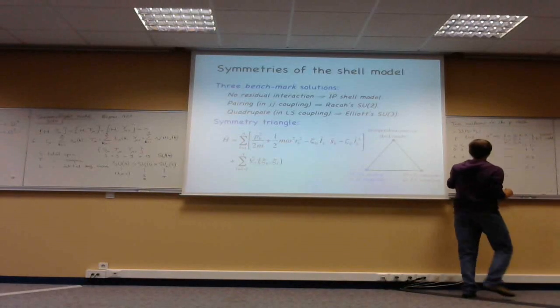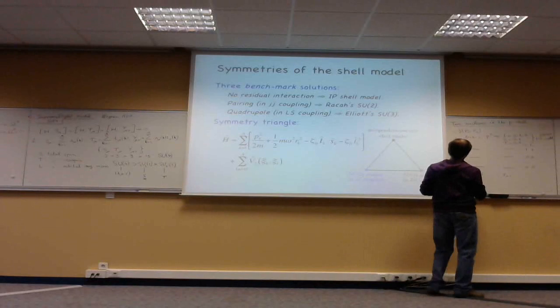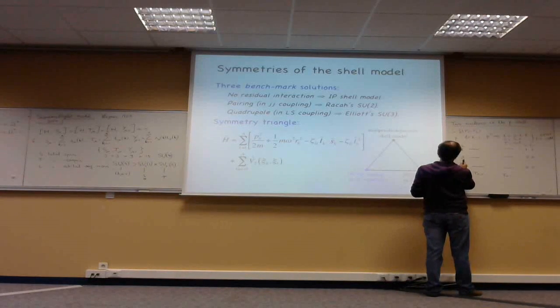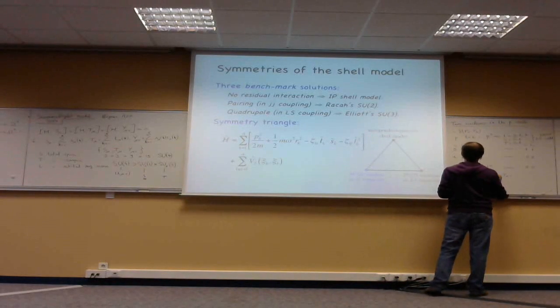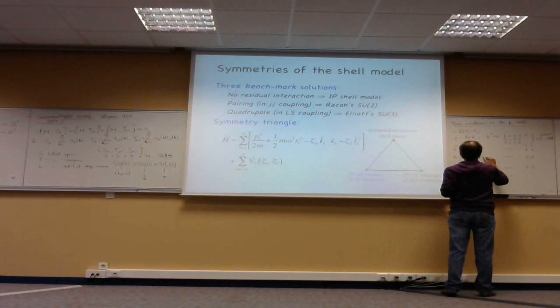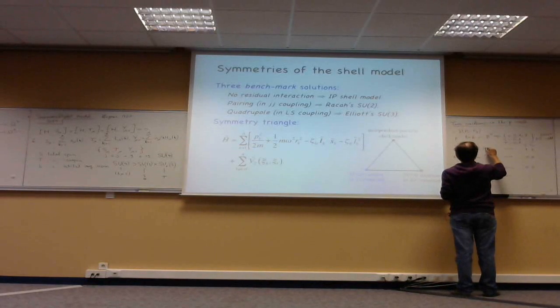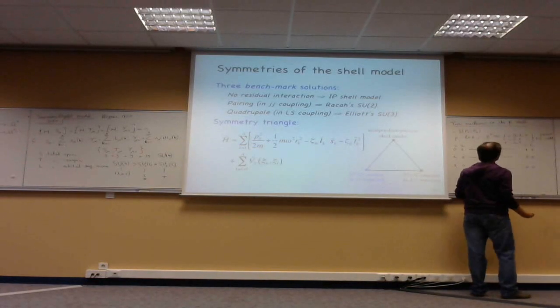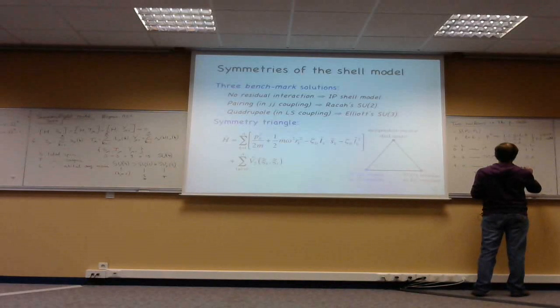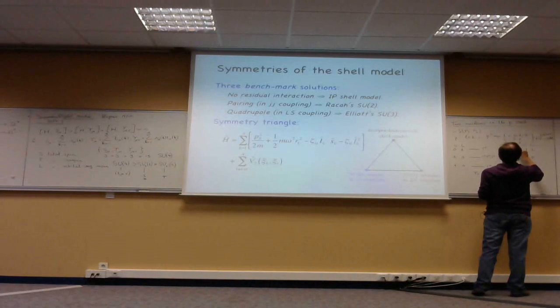Then I have to work out what the J's are. The J's are the coupling of S and L, so it's a 1 plus. Here the coupling is 1 plus, 2 plus, 3 plus. And here the coupling of this one is a 1 plus. Here the coupling of S and L gives 0 plus, 2 plus.